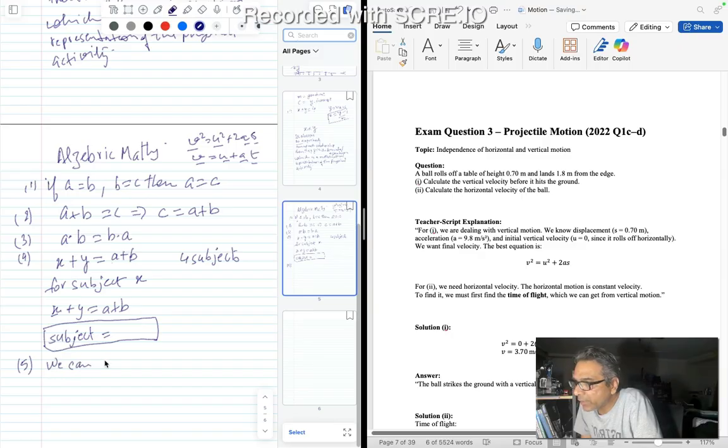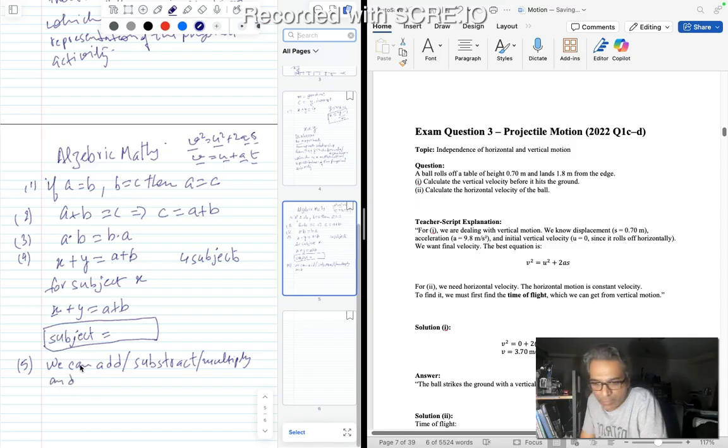We can add, subtract, multiply, divide, root.